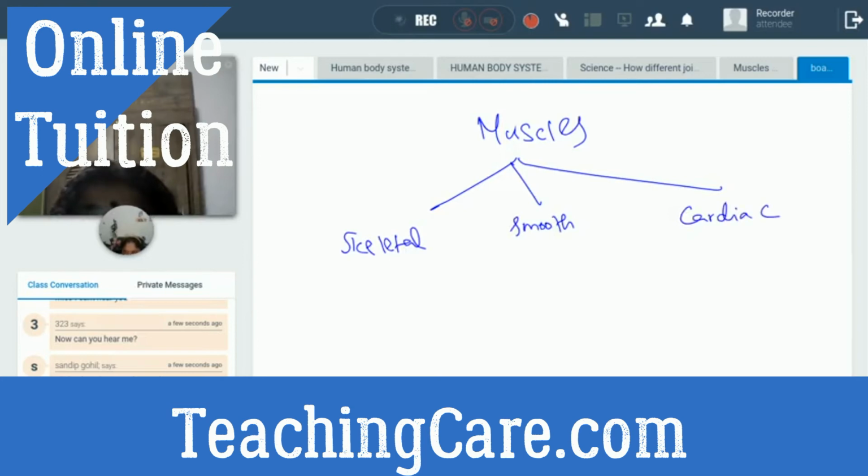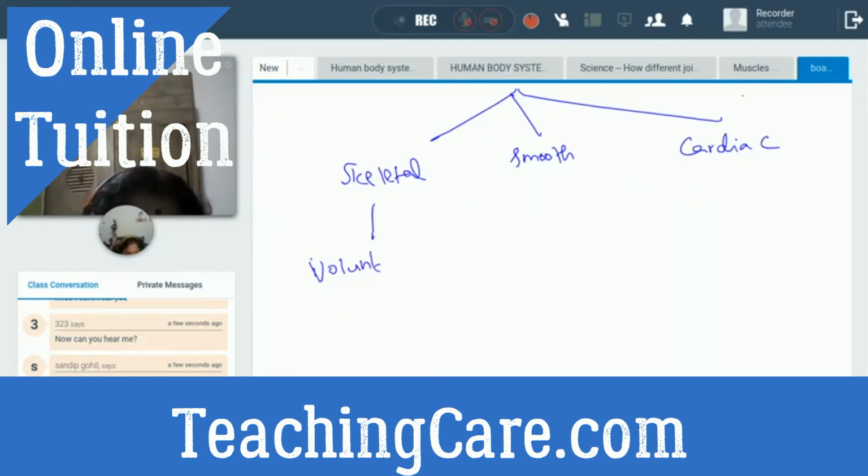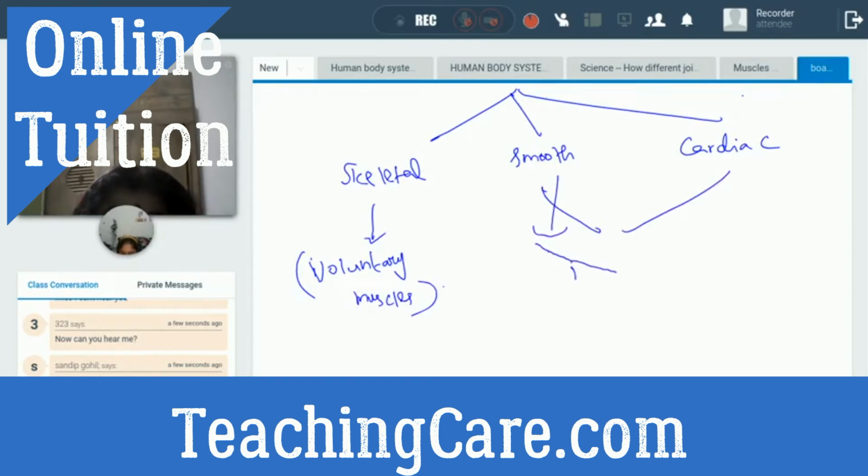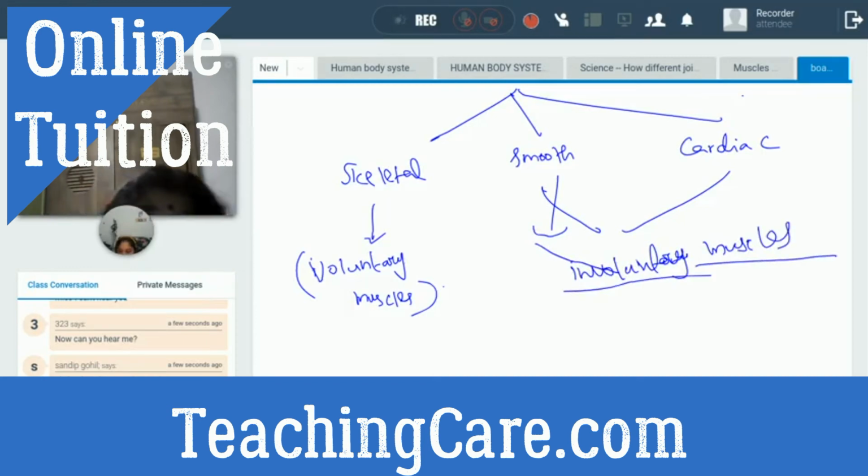Skeletal muscles are voluntary muscles, and smooth and cardiac are involuntary muscles. Right? Are you clear?